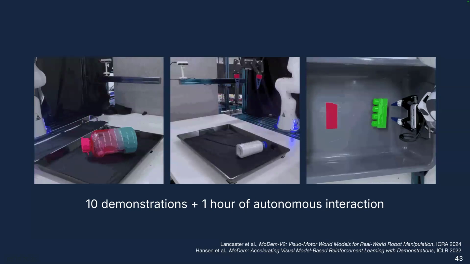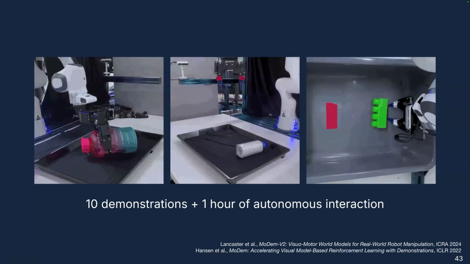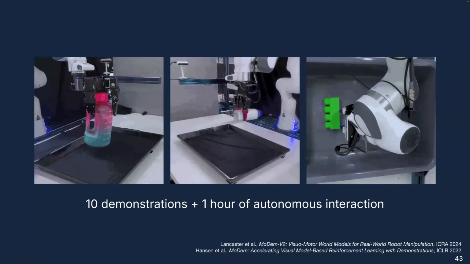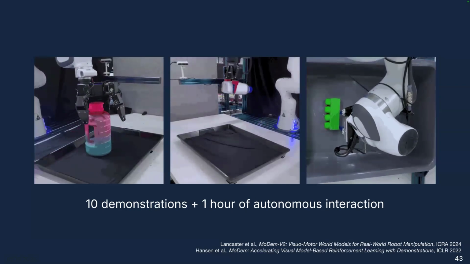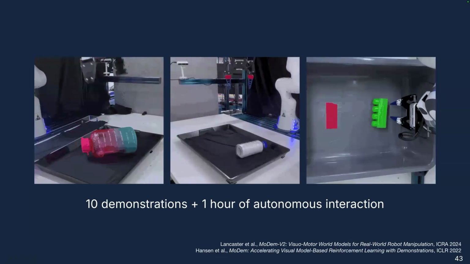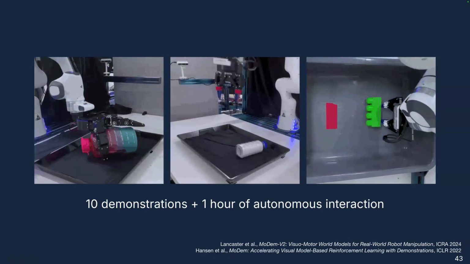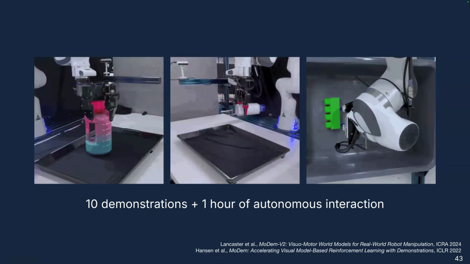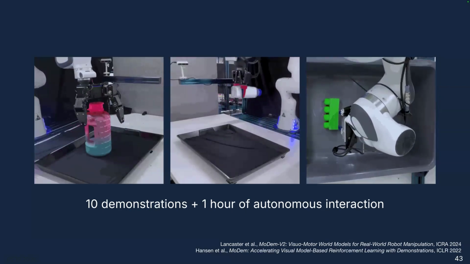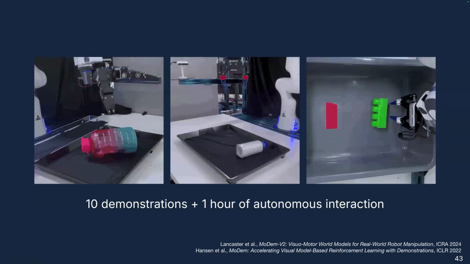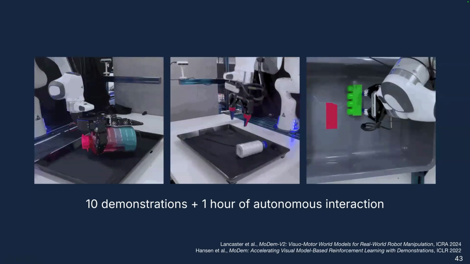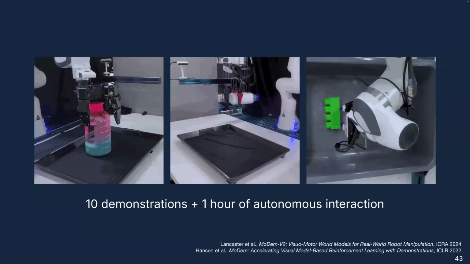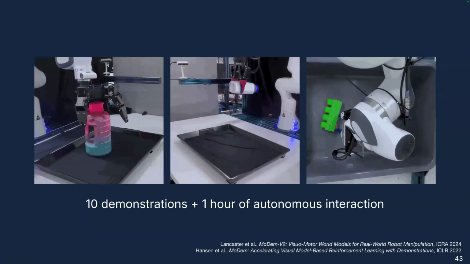There are 3 cameras in this scene: one on the wrist of the robot, one in the background of the video, and the one that we were viewing from. The way we trained our TD-MPC world model is that we collected 10 demonstrations per task, basically controlling the robot and doing the task for the robot. Then we initialize our world model with that data, and then we let the world model interact for 1 hour completely autonomously.